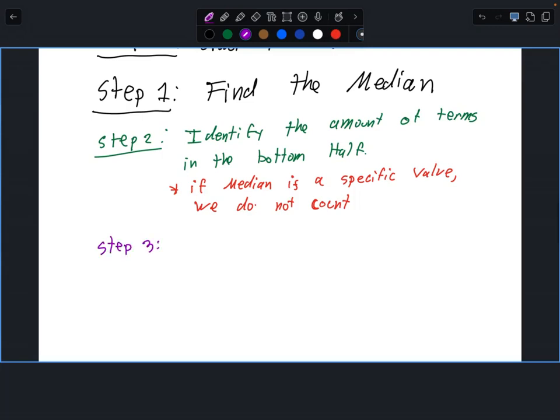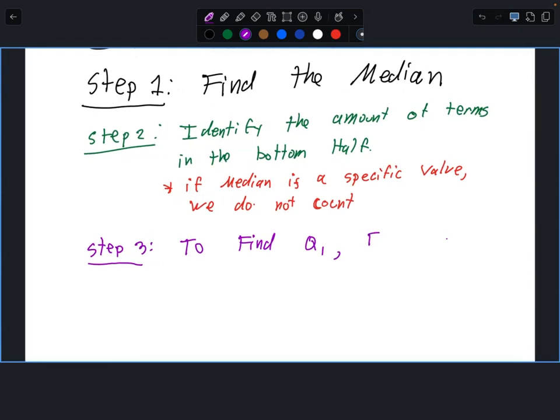Step 3. To find Q1, follow the steps of finding the median for the bottom half.